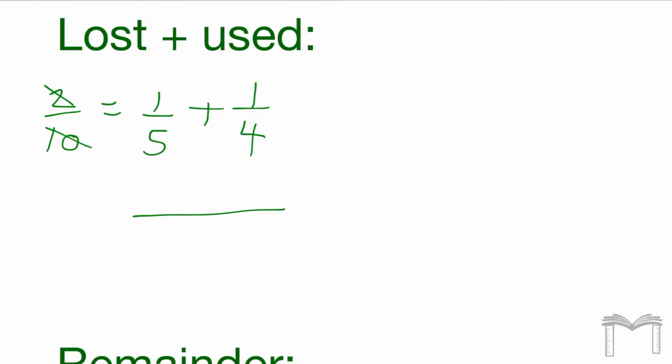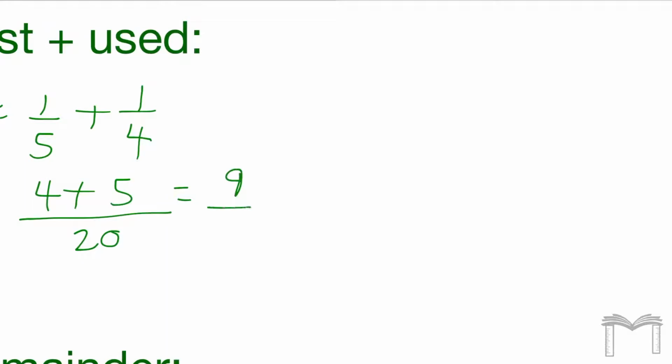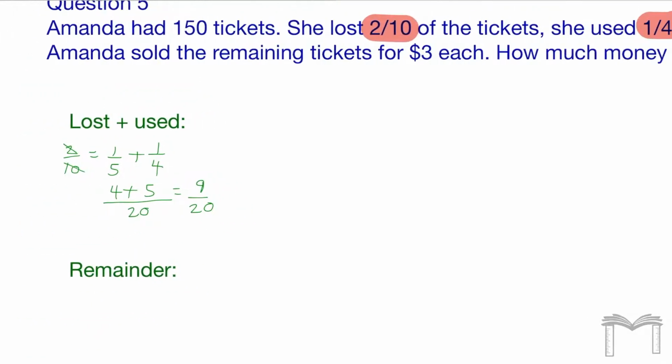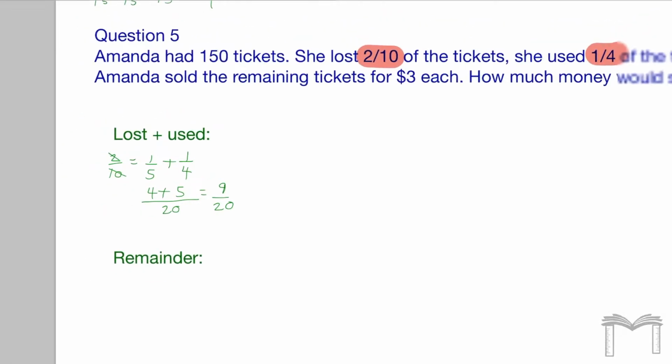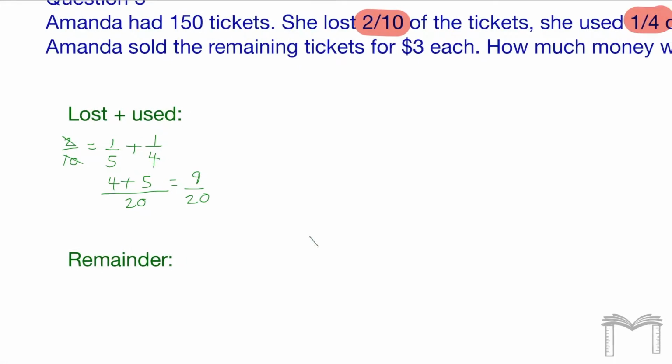The LCM of 5 and 4 is 20. 5 into 20 is 4, 1 times 4 is 4, plus 4 into 20 is 5, 1 times 5 is 5. 4 plus 5 is 9, so that's 9/20. So what is lost and used combined is 9/20.